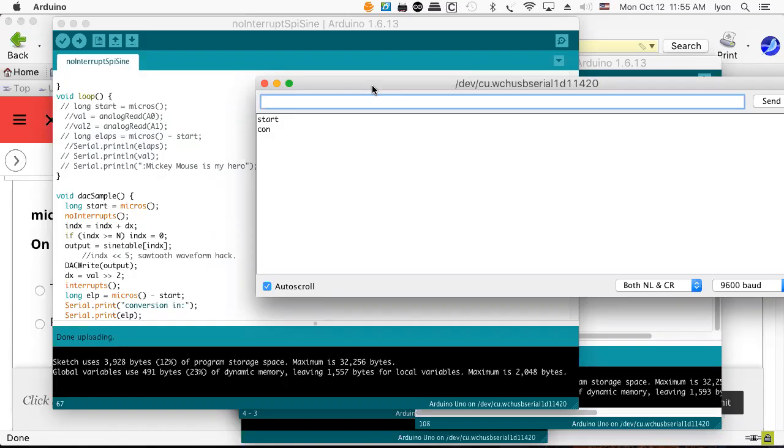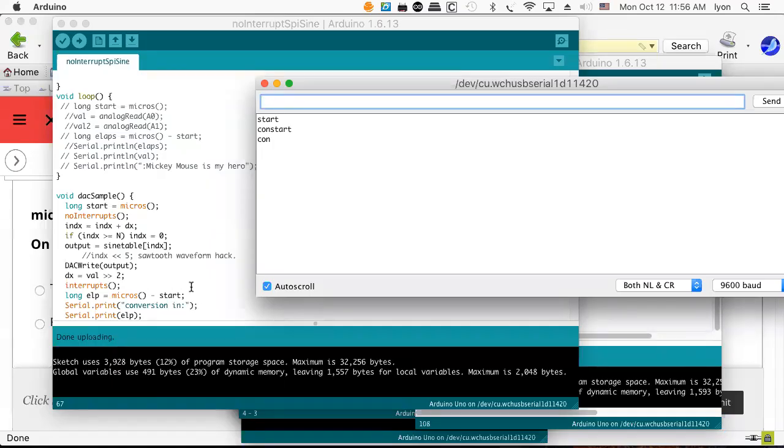Oh, it started printing conversion in, and then it stopped. Gee, that's weird. Isn't that weird? I'm going to hit restart and see. This is unexpected behavior.